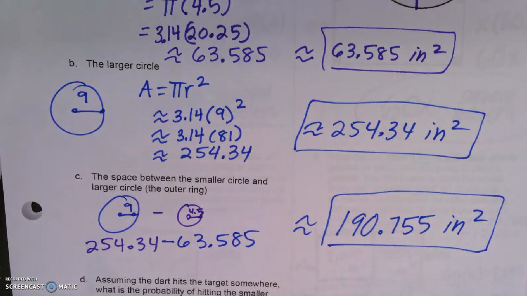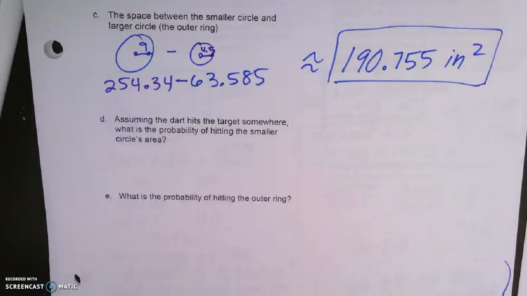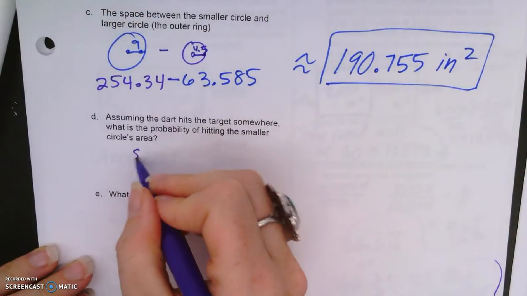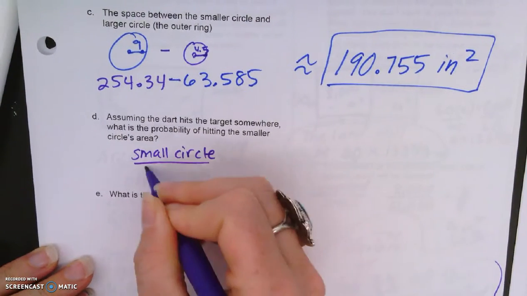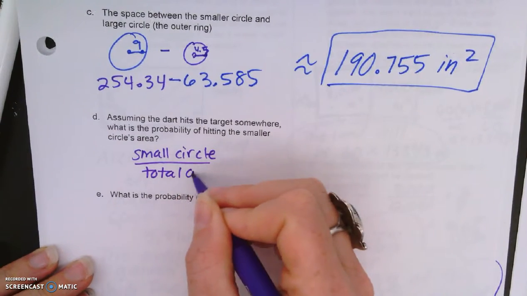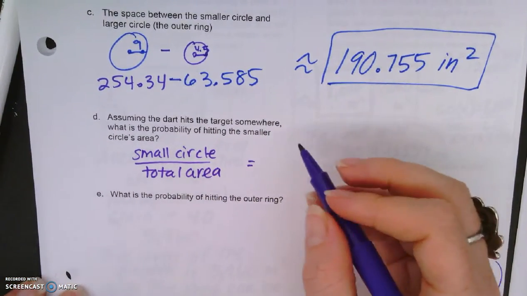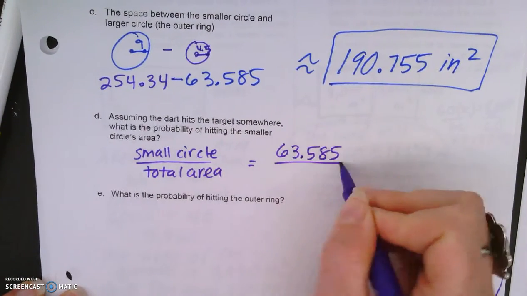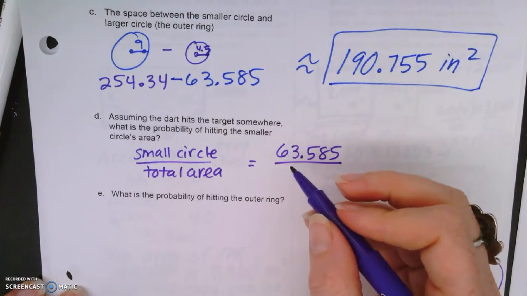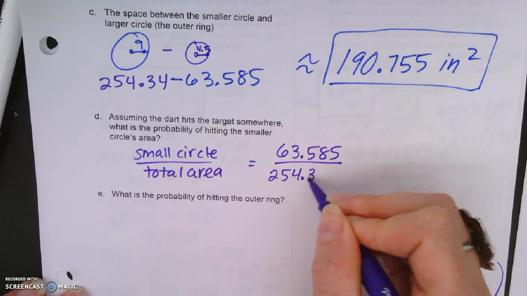So 2 last questions. Assuming the dart hits a target somewhere, what's the probability of hitting the smaller circle's area? So this is the small circle over the total area. Remember, the total area is the large circle. So the small circle area was 63.585, and we're dividing it by the total area, which was 254.34.